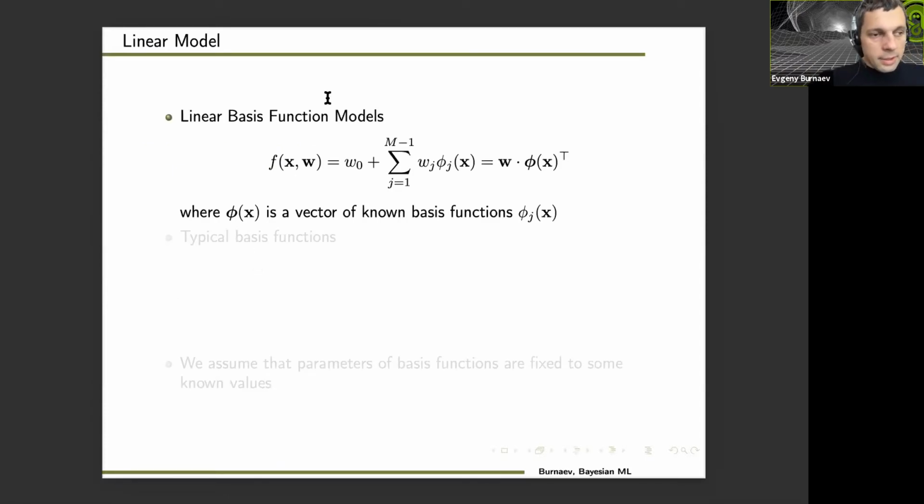We consider a linear basis function model, which is a linear combination of some nonlinear basis functions. We assume that the parameters of the basis functions are fixed, and the parameters here are linear parameters. And we would like to estimate the parameters W. Also, we would like somehow to estimate the number of basis functions to be used with a specific data set.